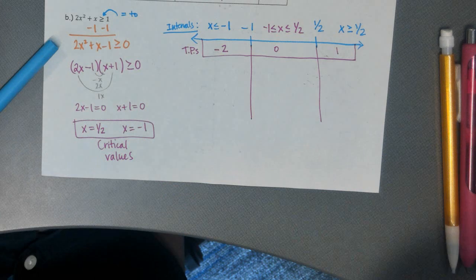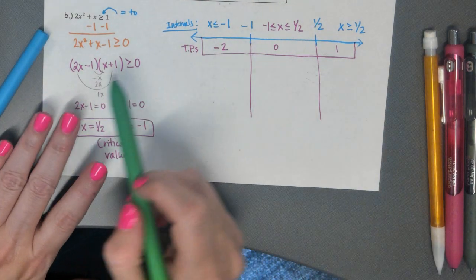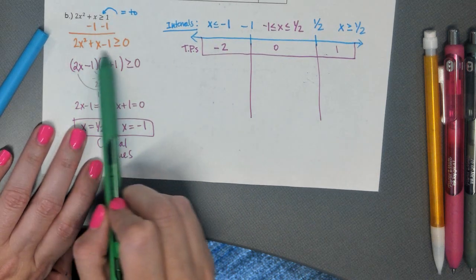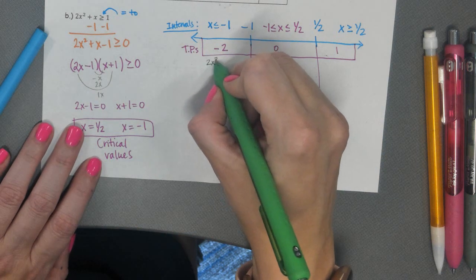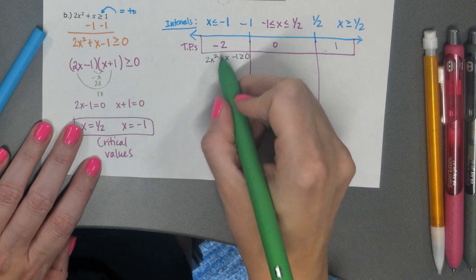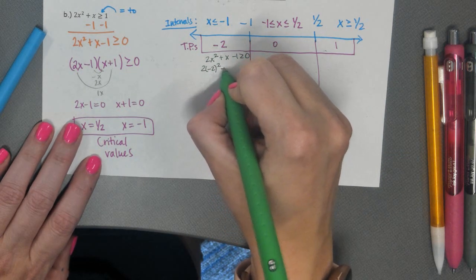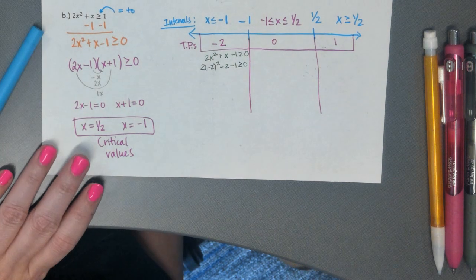Let's make it a little different. So what you're doing is you're plugging these into the equation. For ones like this, you can decide if you want to use this one or this one. I like to use this one because then they're all on one side. So 2x squared plus x minus 1 is greater than or equal to 0. If I plug in negative 2, it's 2 times negative 2 squared minus 2 minus 1 is greater than or equal to 0.